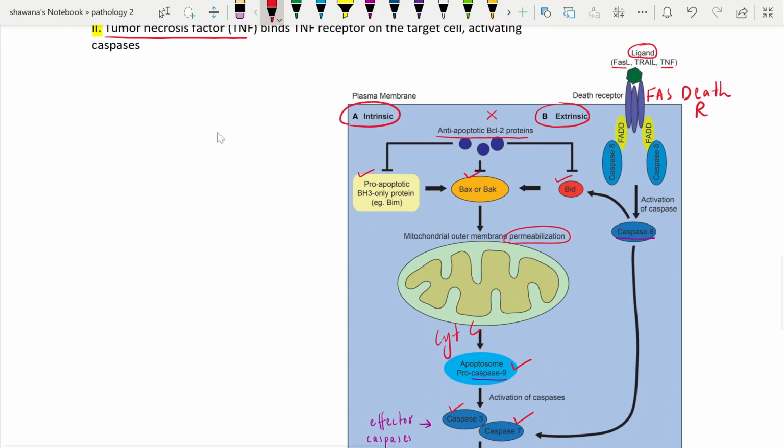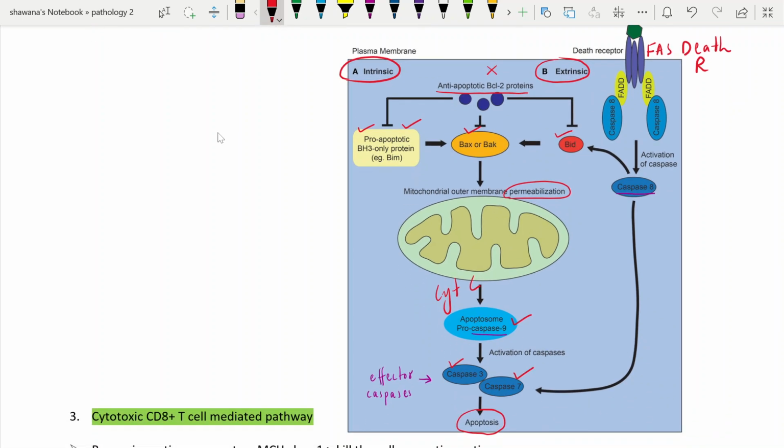Let's revise these two diagrams. Intrinsic: anti-apoptotic proteins are inhibited, pro-apoptotic proteins are activated. It leads to increased permeabilization of the mitochondrial membrane. Cytochrome C comes out into the cytoplasm and activates the caspases. In the case of extrinsic, the ligand binds to the receptor. There are two kinds of ligands: Fas ligand and tumor necrosis factor ligand.